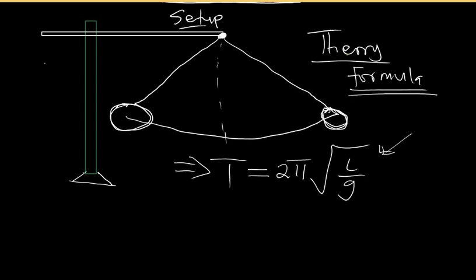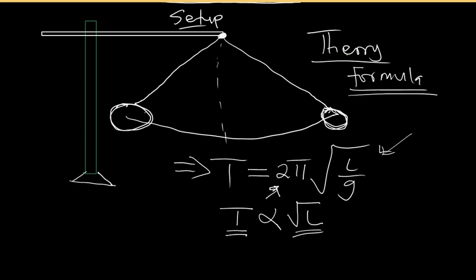You'll be asked to vary the length of the string. From the formula for the period of a simple pendulum, we can conclude that the period is directly proportional to the square root of the length. Which simply means that as you increase the length of the pendulum, the period you get will also increase.